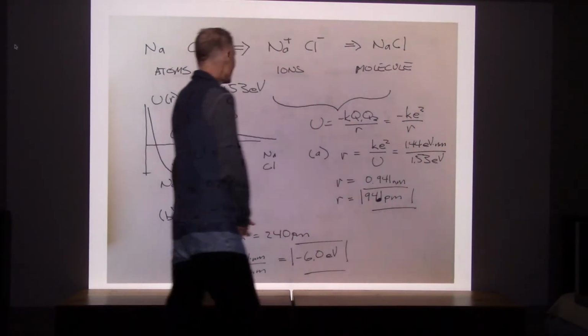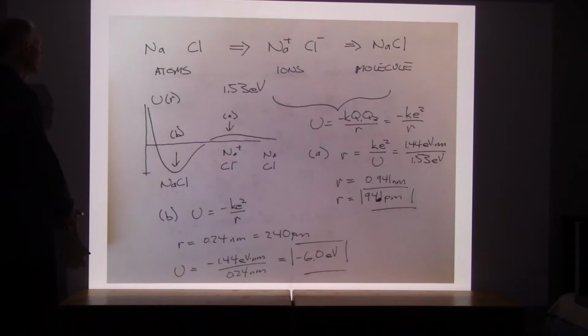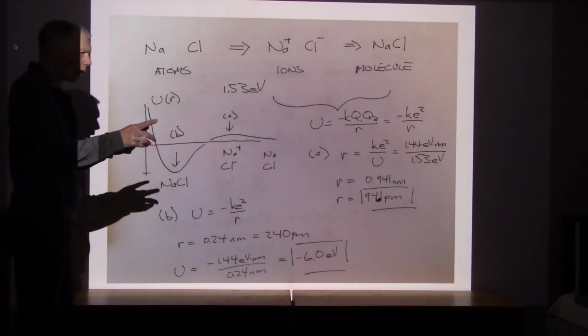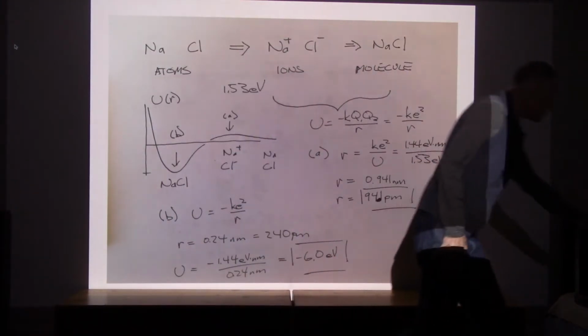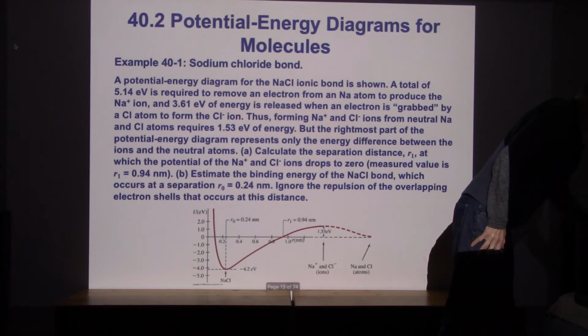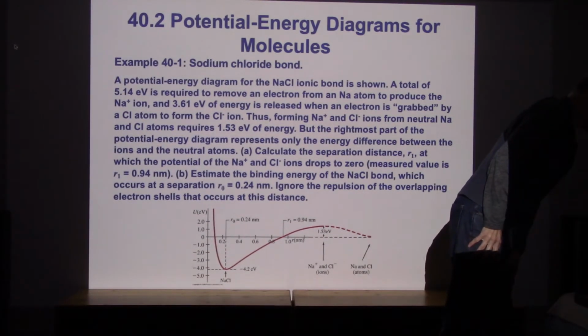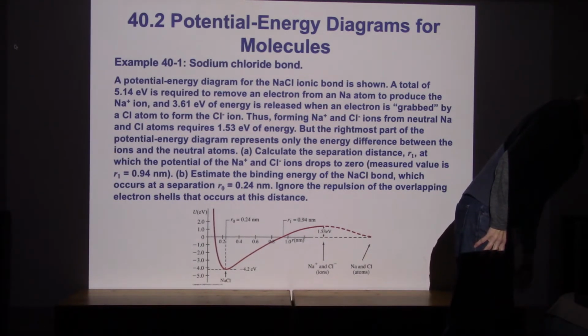So I went ahead and did this. There was a problem on that previous slide saying calculate the separation distance at which the potential of the sodium and chloride ions drops to 0.